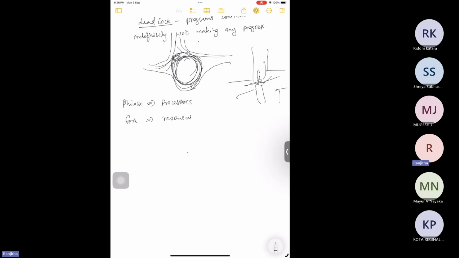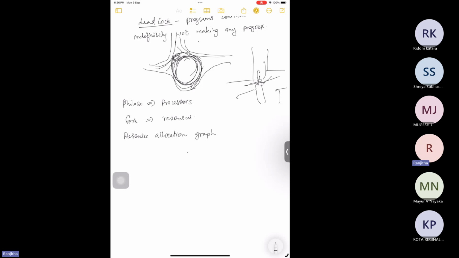Normally when we talk about deadlock, with the resources and processes, we have something called a resource allocation graph. We will first see what a resource allocation graph is, and then we will see how we can utilize it to figure out if there is a deadlock or not.